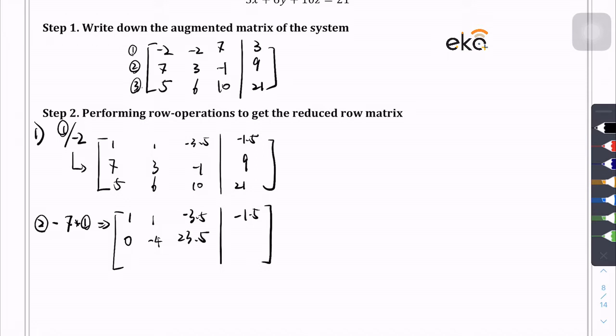And 9 minus 7 times -1.5 is 19.5. Then 5, 6, 10, 21.